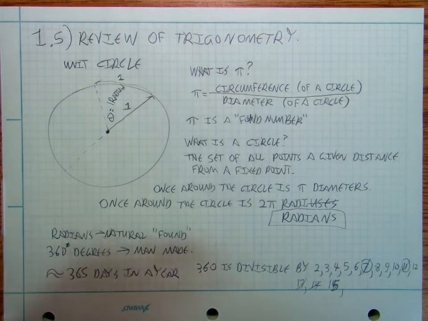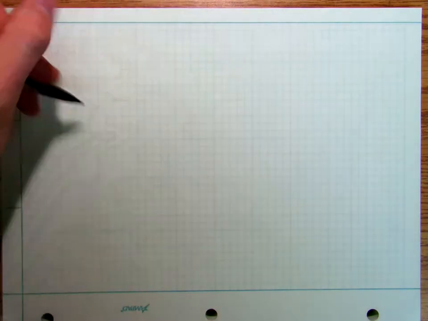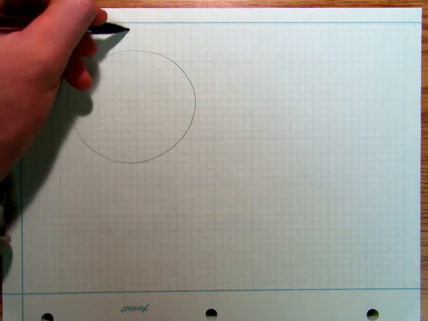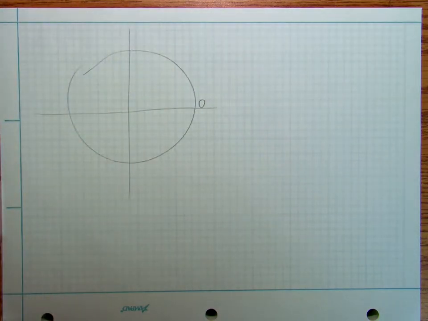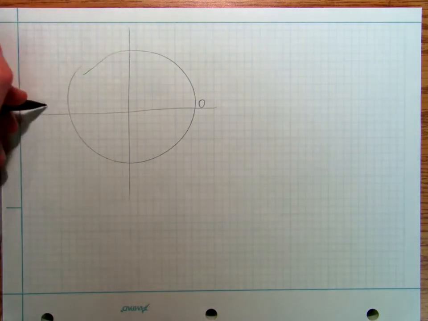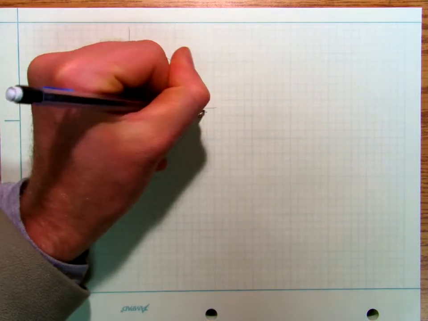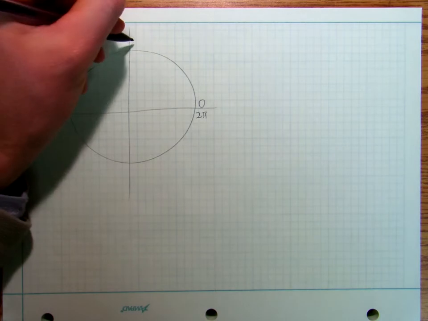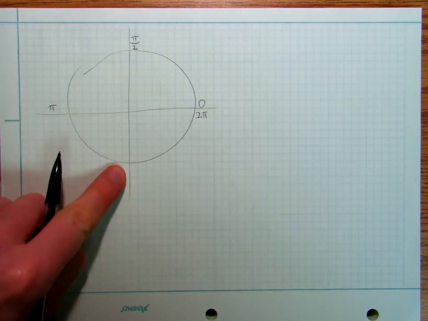So the way we're going to draw the unit circle is we're going to call this 0 radians. We're going to call this pi radians. We're going to call this 2 pi radians. Call this pi over 2. This one is what?